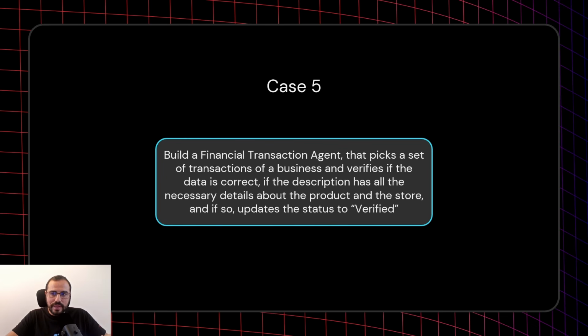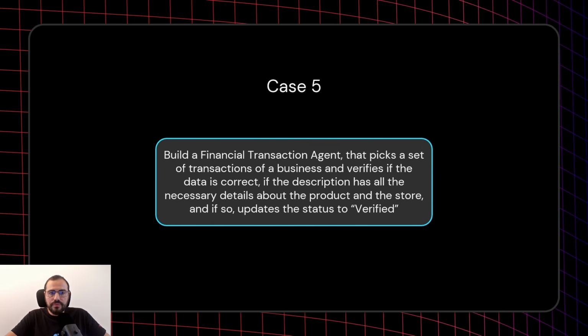Finally, the last case, a similar one, but let's check here. I want a financial transaction agent that, again, picks a set of transactions from a business and verifies if the data of those transactions is correct. So if it has an IBAN, if the IBAN is valid, if it has a date, if the date is in the past, if it has a description, and so on.